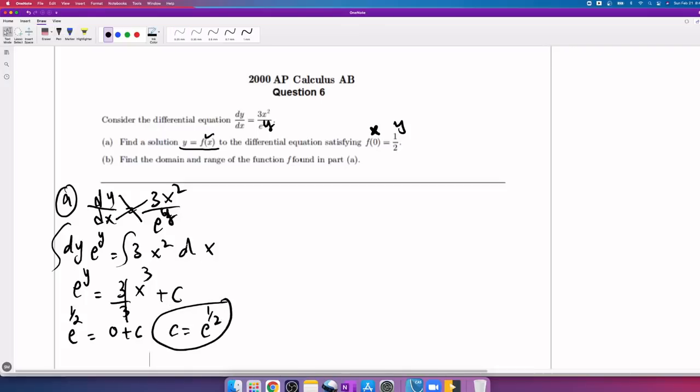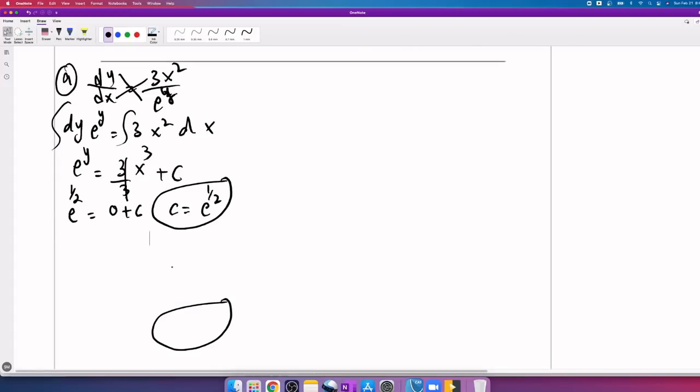Plug the c back in the function so we can get it. This is my function actually, but I have to get the y by itself before I do that. But e to the y equal x cubed plus e to the half. So I have to get y by itself, getting rid of e, so I have to take the ln of both sides.